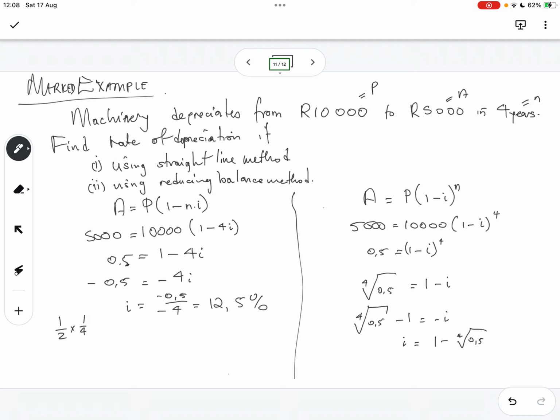And here we will get the fourth root of a half, and we subtract that from 1.